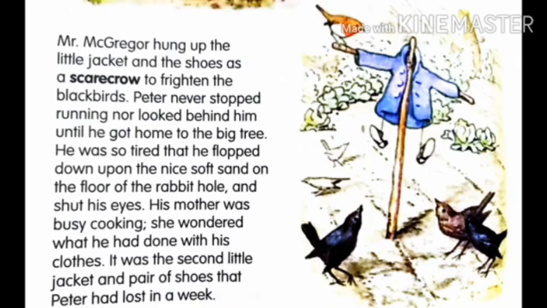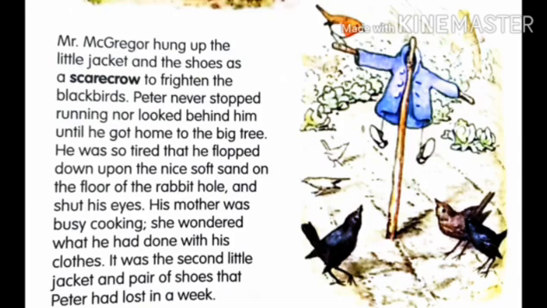If we hang the shirt and shoes to a stick, the crows think that some person is standing there. So they won't come to eat the grains or vegetables in the garden. So Mr. McGregor used the little bunny's shirt and shoes as a scarecrow.